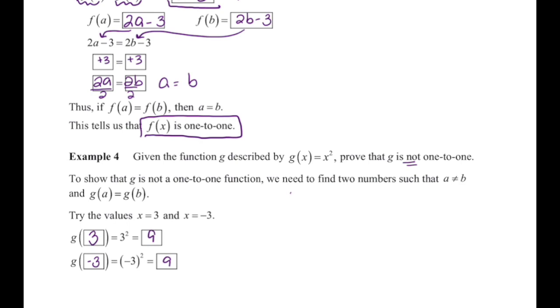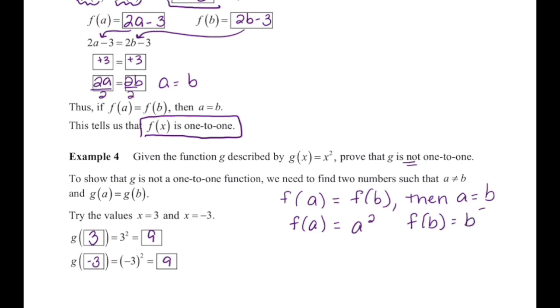Similarly, we could also show that if f of a equals f of b, then a should equal b. When I substitute in f of a, I have a squared. And when I substitute f of b, I have b squared. When I set these two functions equal to each other and I take the square root of them, I'll end up with plus or minus a equal to plus or minus b.